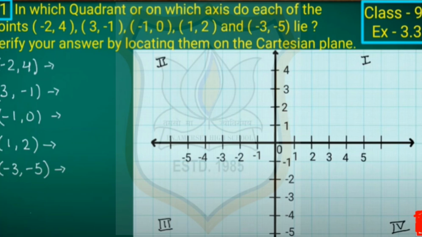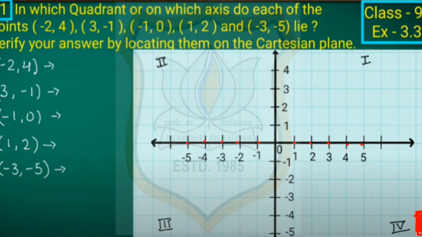This is the y-axis, this is the x-axis. First we have to plot 0, 1, 2, 3, 4, 5. In the same way, minus 1, minus 2, minus 3, minus 4, minus 5.